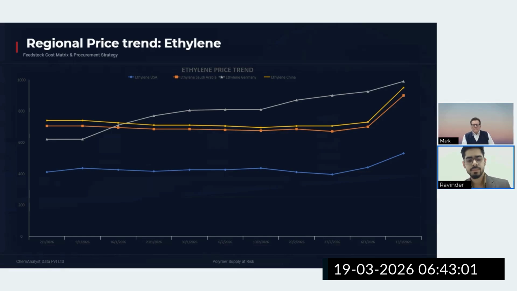Well, of course, this is about margins, but there is something else as well. Prices are not just rising, traders have also stopped providing quotations on spot purchases. For example, our analysts recently had a discussion on EVA prices, ethylene vinyl acetate, sorry, with a couple of traders, and most of them have denied giving quotations from China to India.